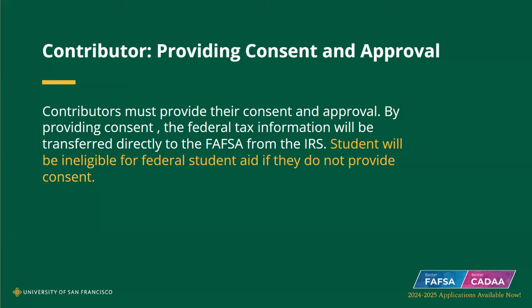I'll reiterate, the student will be ineligible for federal student aid if all contributors do not provide consent. And that is new, which is why I keep saying it over and over again. We want the student to be eligible for federal student aid, and so we need the contributors to provide consent.